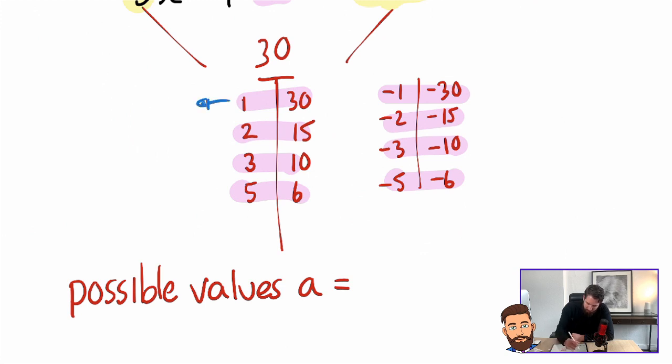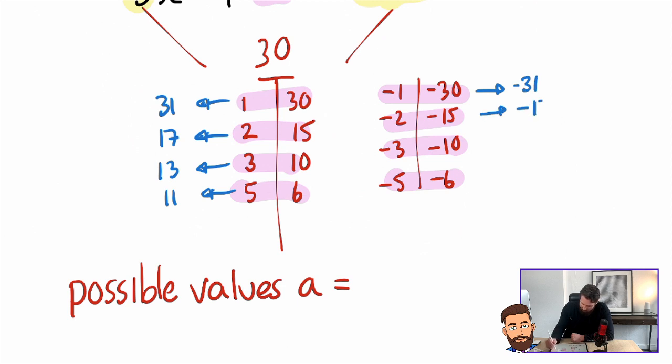This would be 31. This would be 17, because remember we're adding them. This would be 13, and this would be 11. And then over here, minus 1 minus 30 is minus 31, minus 17, and you can see a pattern here, minus 13, and minus 11.